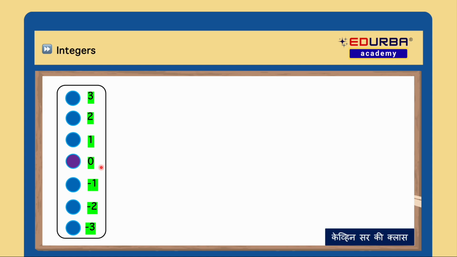Now what about the floors which are below ground floor? They are shown by negative or minus numbers. One floor below the 0 level or ground level is called as -1. 2 floors below the 0 level or ground level is called as -2. 3 floors below the 0 or ground floor is called as -3 and so on.